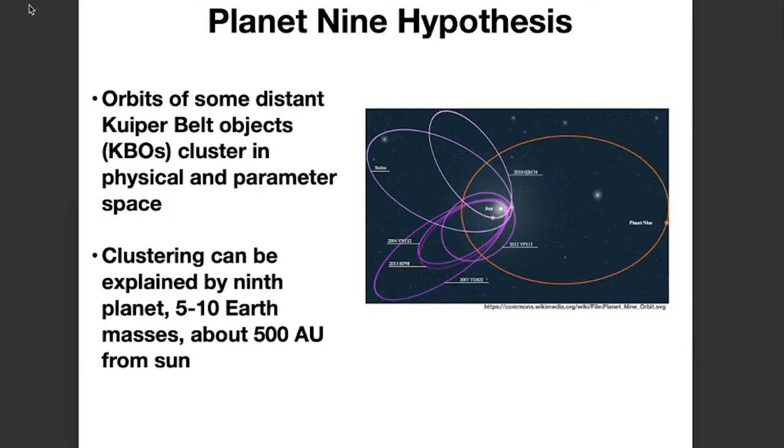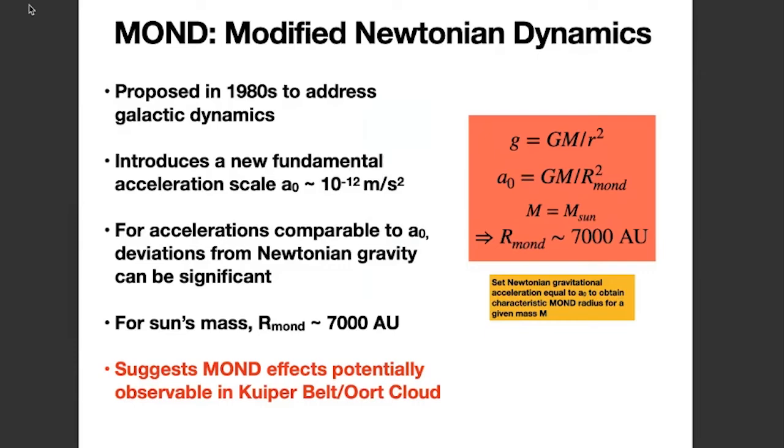Now, there's another way to explain this clustering, which is in the context of a theory of modified gravity called MOND, which stands for Modified Newtonian Dynamics. MOND was developed in the early 1980s to address properties of galactic rotation curves. The galactic rotation curves are now understood in the context of dark matter.